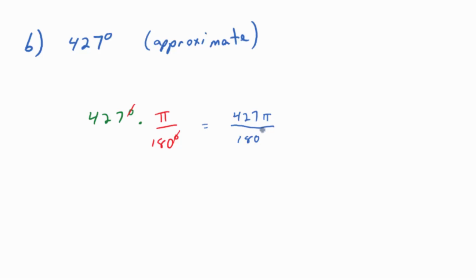Tell me what you get, accurate to 2 places past the decimal. 7 and 45 hundredths, so 7.45. Do I put any units down? You could put radians if you wanted to. It wouldn't hurt anything. But if you know it's an angle measure and you don't see the degree symbol, you know it's in radians.